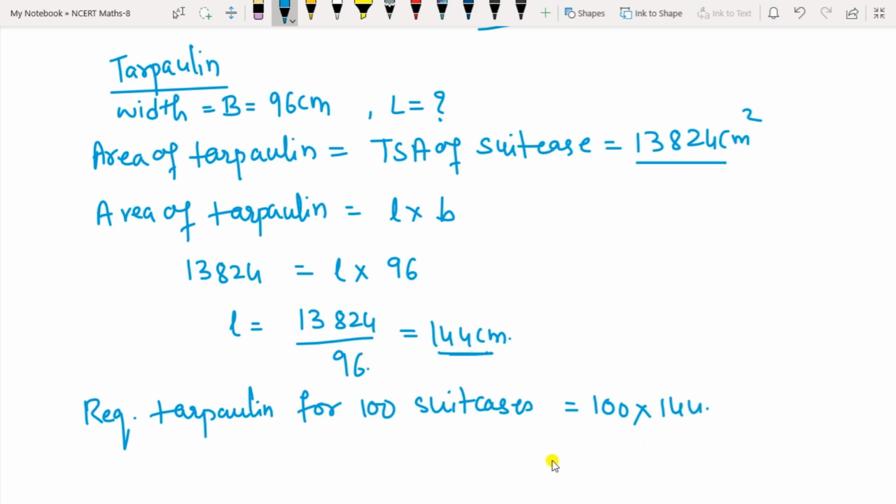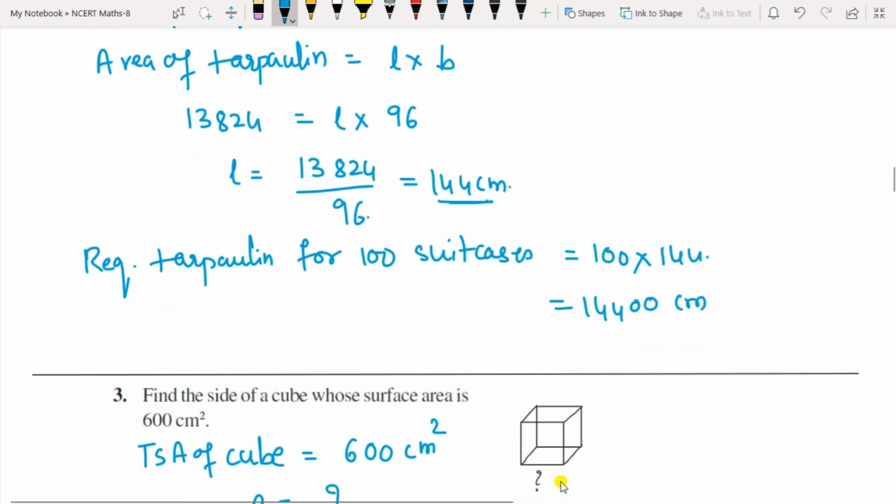So that will be equal to 14400 centimeter, or you can write it in meter as 144 meter. Okay. So this much cloth will require to cover 100 suitcases. This is the cloth for one suitcase and this will be the cloth for 100 suitcases, that is 144 meter.